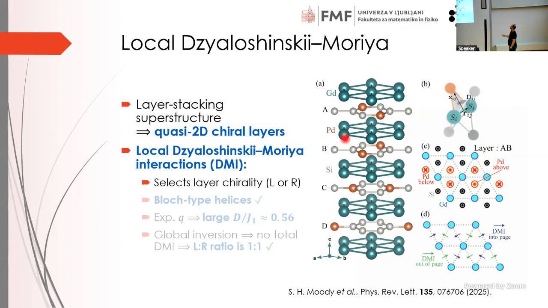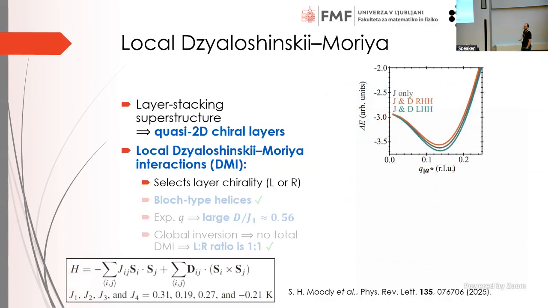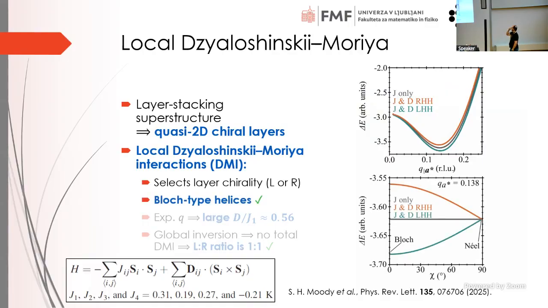So within a single layer, the spaces for layers that are non-magnetic between the gadoliniums are locally chiral. So one layer has a preferred chirality actually, but this chirality just switches between the layers. Okay, and this actually allows for local Dzyaloshinskii-Moriya interactions, which we simulated with micromagnetics to find that indeed it prefers one chirality over the other.